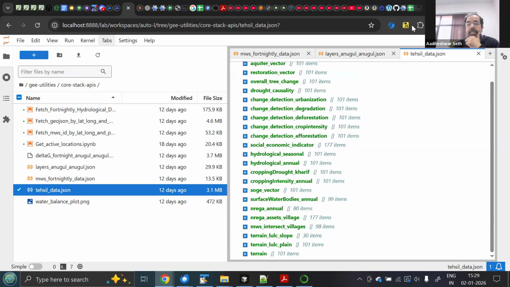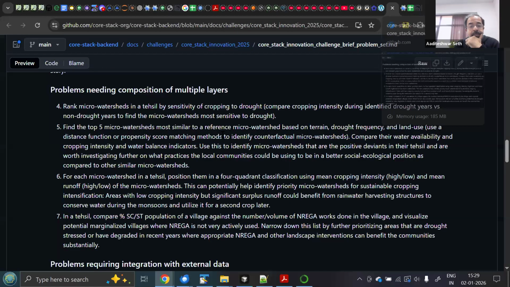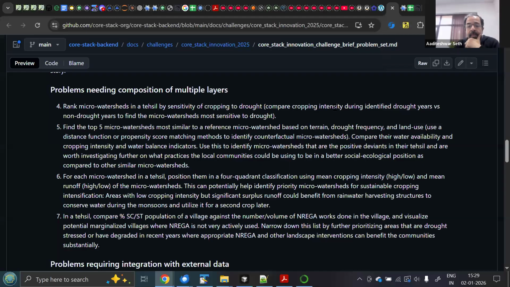So can you actually do something like this? Compare the cropping intensity during identified drought years versus non-drought years. That is, what was the cropping intensity during drought years and what is it during non-drought years. If there is a big gap, it means that this area is very sensitive to drought. The cropping is very sensitive to drought. And can we use it to rank these micro watersheds?